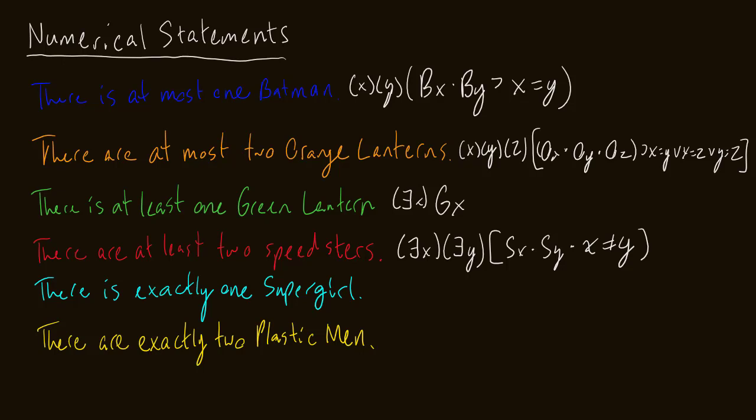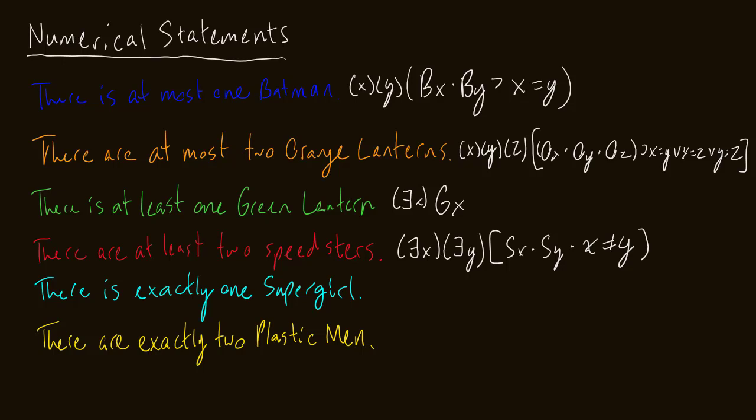Now, what I want to do is say there is exactly. Now, what's another way to think of exactly, right? I'm thinking in terms of math right now. So if I wanted to say something was equal to 3, if I said x is equal to 3, well, I could say x is less than or equal to 3, and x is greater than or equal to 3.